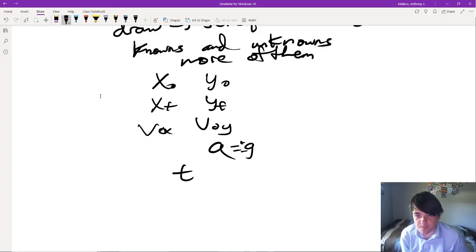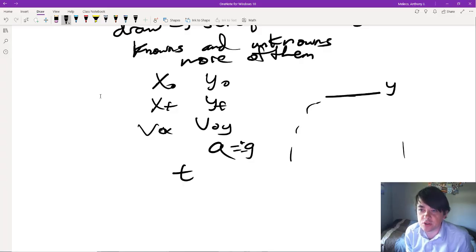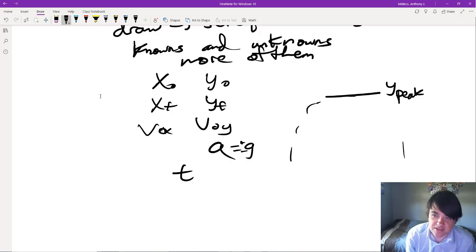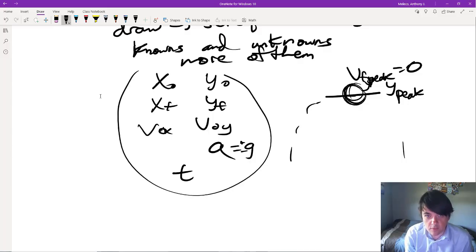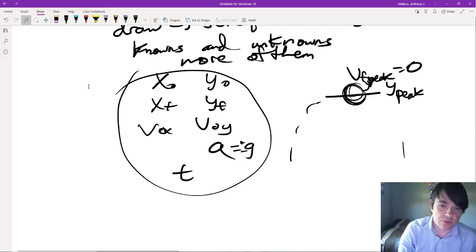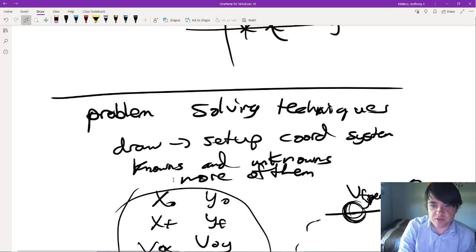And maybe some other parts, like maybe you're throwing a ball up and you want to know the peak of motion, so now you have a new y to consider, or maybe you want the velocity at the peak, which would be 0, because it's going up. Velocity here in the y will be 0. We'll only have an x velocity. But yeah, you can see how it is more complicated than just 1D motion. But the steps to do it are the same.